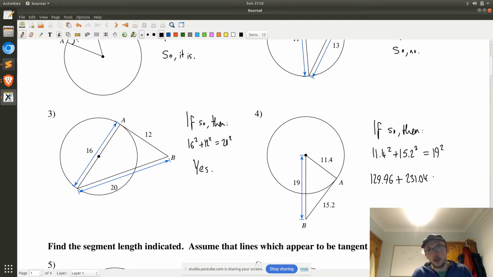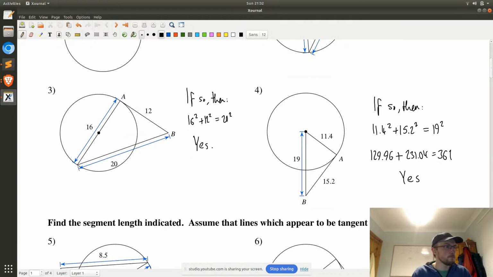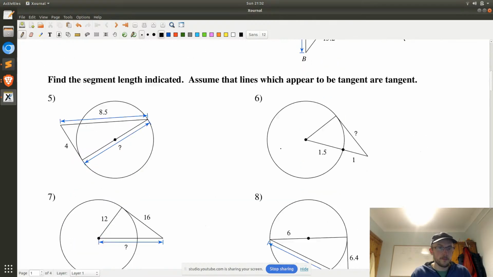And does that equal 361? Yes. So it is. All right, so we have agreement.